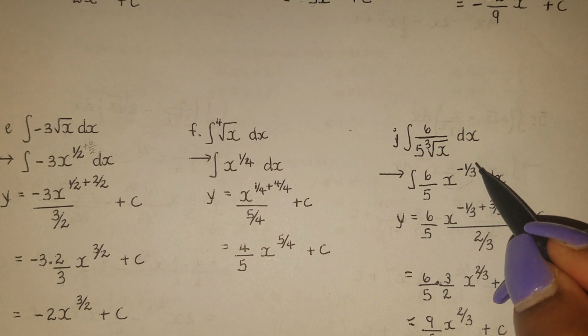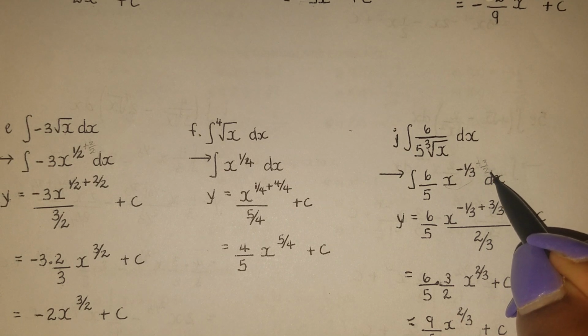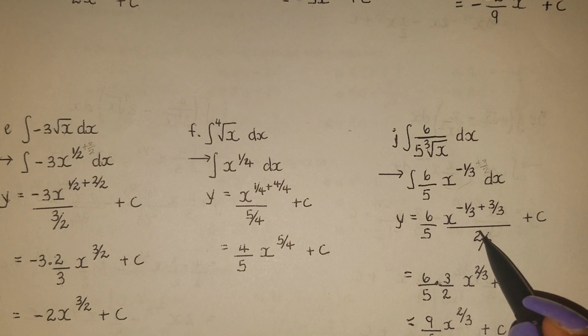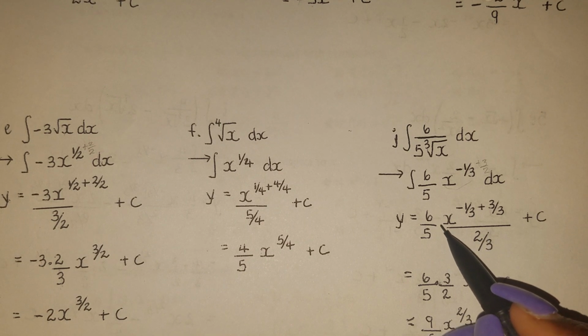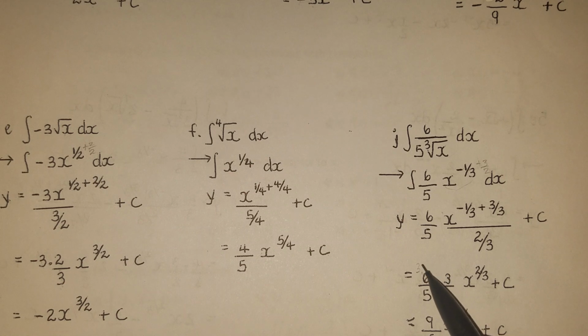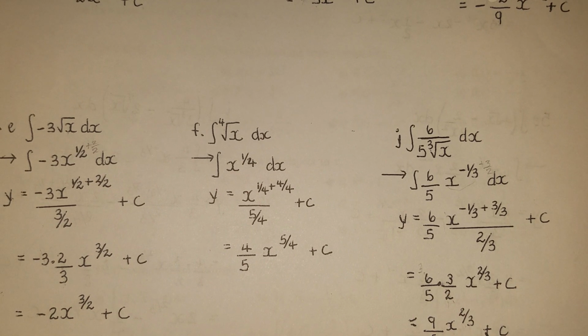Add 1 to negative 1 over 3, we get 2 over 3, and we divide by that 2 over 3. This 2 over 3 gets brought up as 3 over 2, so when it gets multiplied by the 6 over 5, simplified, we get 3 times 3, 9 over 5, and x raised to the 2 over 3 plus c.